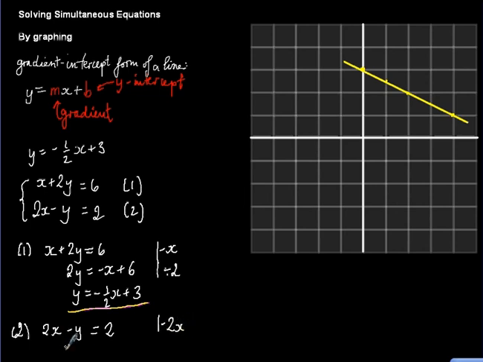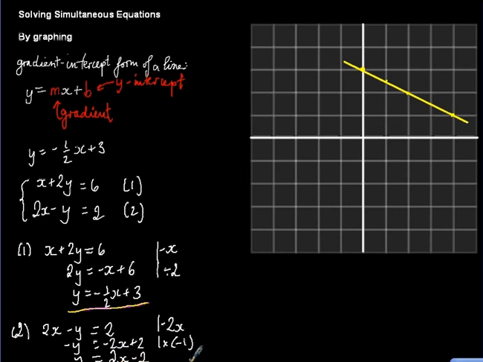I'm going to get minus y equals negative 2x plus 2. And now I'm going to multiply both sides by minus 1. Because y is multiplied by minus 1, that's going to give me y equals 2x. The sign changes here, 2x minus 2.